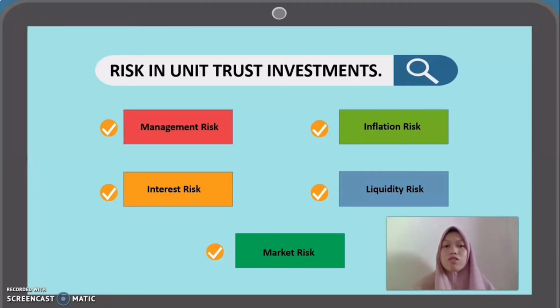So it also affects the income generated, whether it goes down or up. For example, the effect of the COVID-19 pandemic has resulted in market prices falling and causing the investment world to be slightly affected.